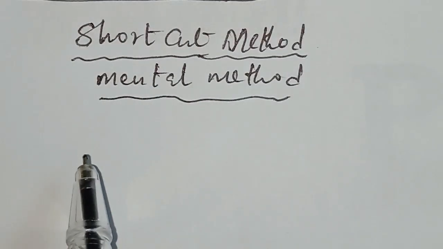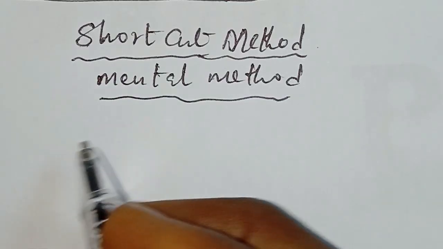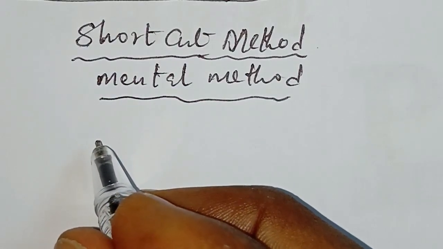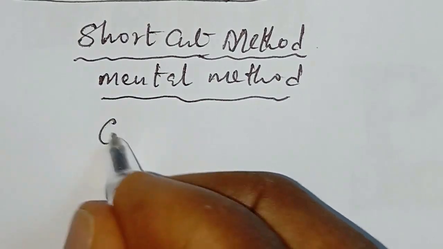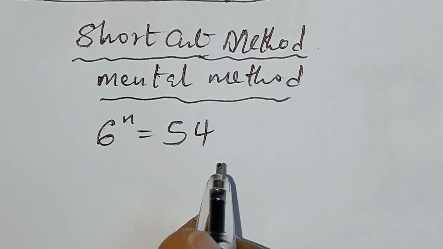Now it's time to show the shortcut method. From our earlier question, 6 to the power of n equal to 54.